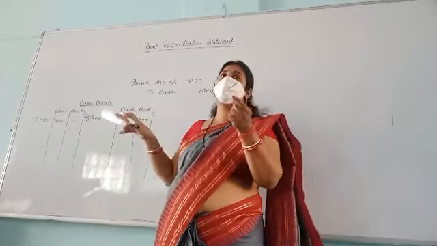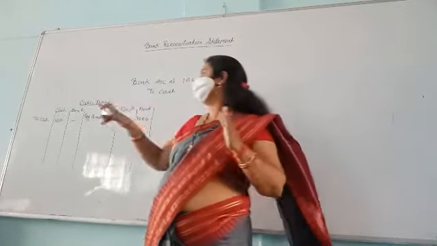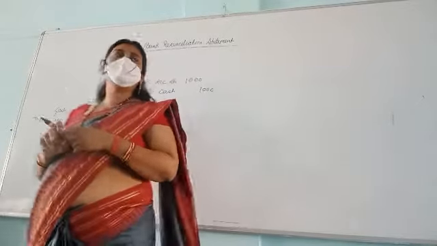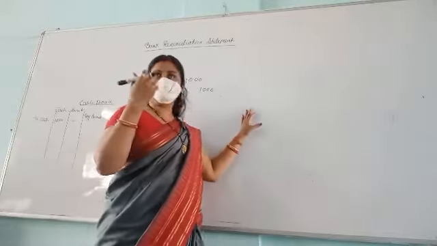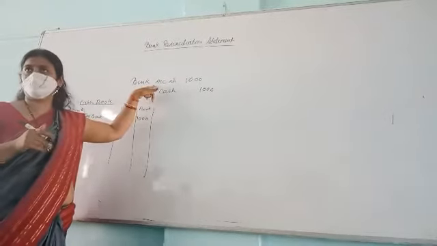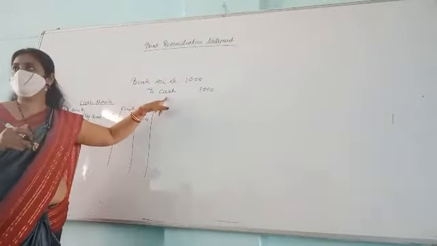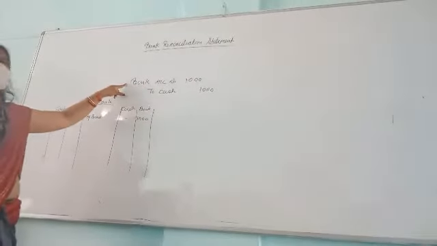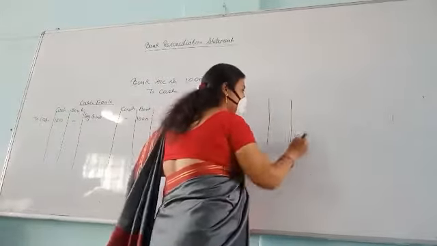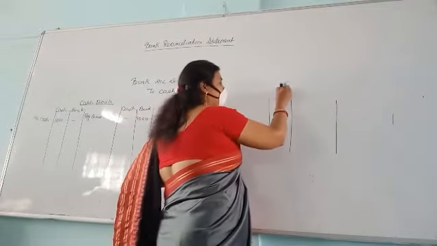And when the bank credits our account, we debit our account. How does it happen? Suppose when we deposit our money into the bank, the bank is the receiver and we are the giver. Here the bank account is debited, but the bank has also prepared this type of ledger in the name of the firm.